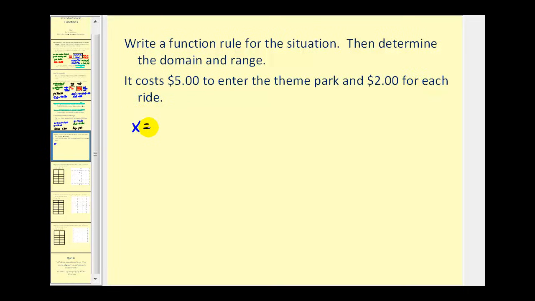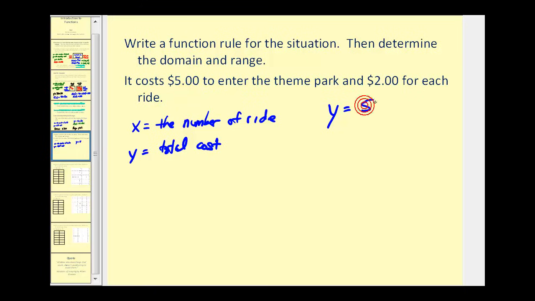So if you let x equal the number of rides, and again y equals the total cost, we would have y equals the $5 cost to enter the park plus $2 times the number of rides, or 2x. So using function notation, we replace y with f of x, so we have f of x equals 5 plus 2x. So to determine the domain and range for this situation, let's go ahead and make a t-table.